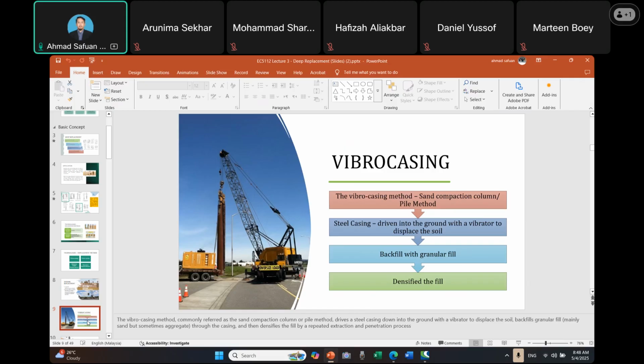The vibro casing method is commonly referred to as the sand compaction column or pile method. They drive a steel casing into the ground by using a vibrator to displace the soil. Then they backfill the granular fill, mainly sand but sometimes aggregate, through the casing, then densify the fill by repeated extraction and penetration process. So that is the use of the vibro casing.